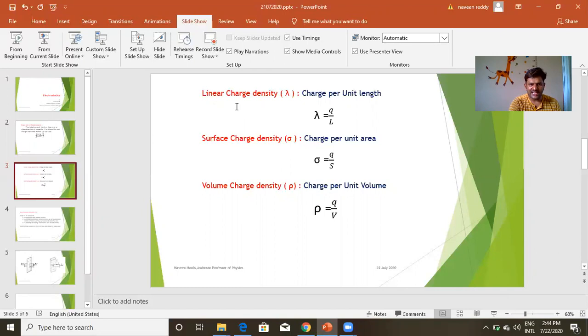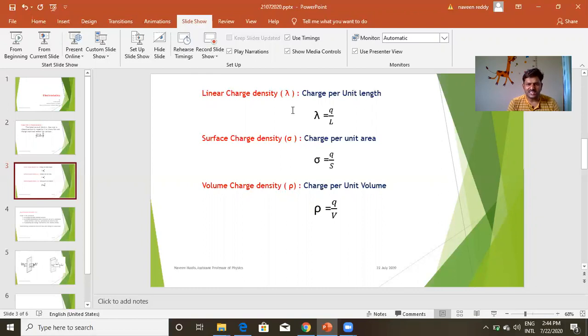That is linear charge density. Lambda is equal to Q over L. That is the charge per unit length. Surface charge density is denoted by sigma. It is Q over S. That is charge per unit area. That is, if a charge of Q is residing on an area of S, then surface charge density is sigma.